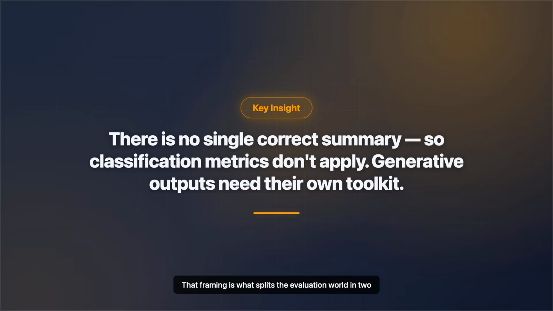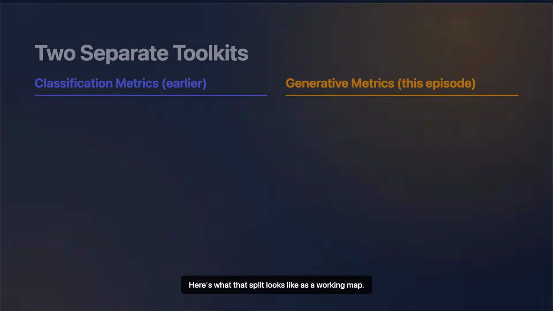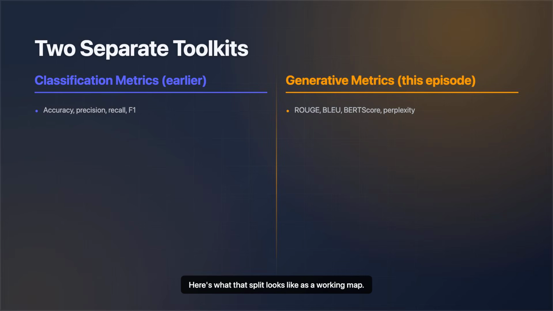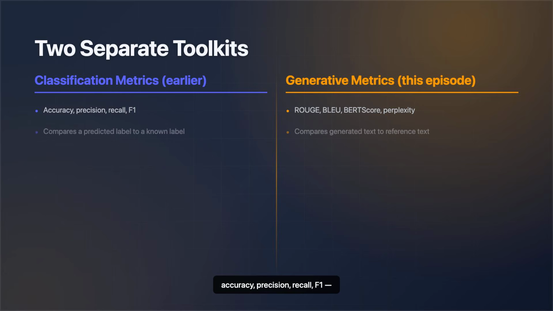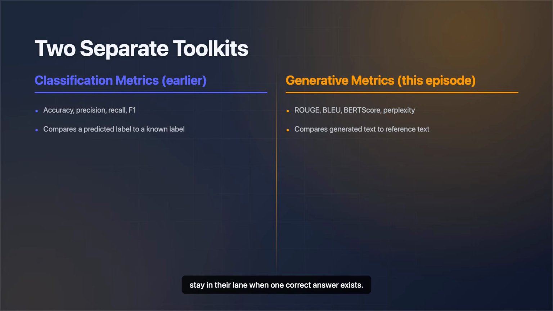That framing is what splits the evaluation world in two, and the rest of this episode is about filling in the right-hand side of that split. Here's what that split looks like as a working map. Classification metrics on the left, accuracy, precision, recall, F1, stay in their lane when one correct answer exists.